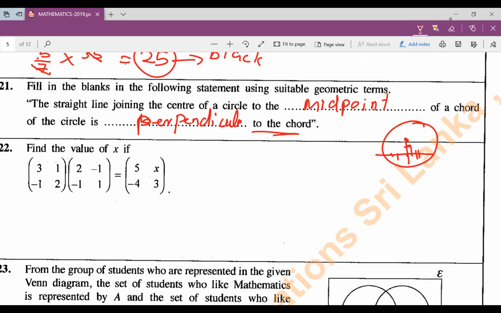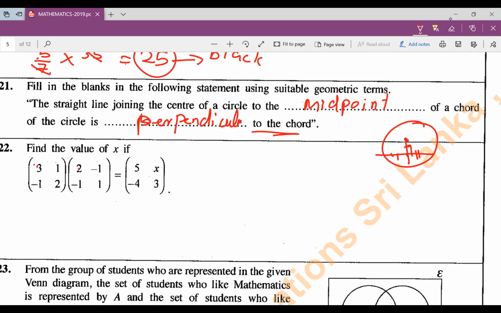Okay, here find the value of x if this is a multiplication. So this is matrix multiplication, and it's easy. This row is multiplied by this column. So when you multiply a matrix, this into this plus this into this.